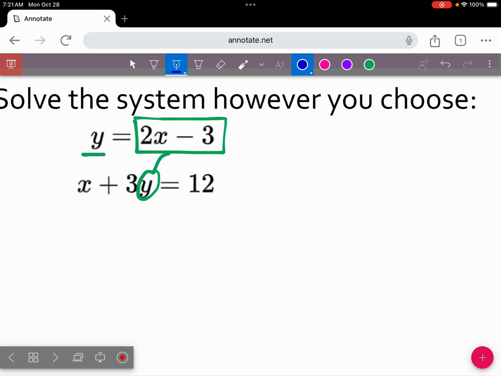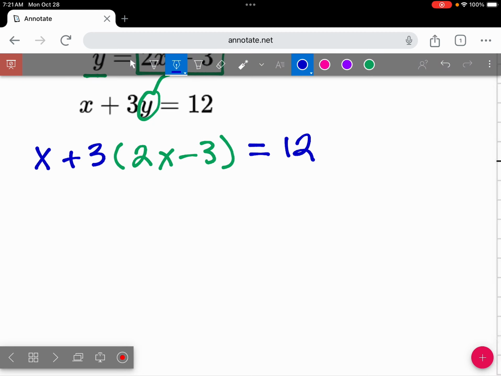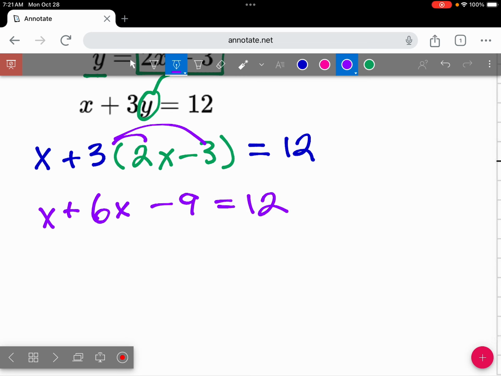That would give us x plus 3 times y, but we know y actually equals 2x minus 3, so x plus 3 times (2x minus 3) equals 12. So we substitute the green piece in place of the y. Then we solve using some distribution to get x plus 6x minus 9 equals 12.